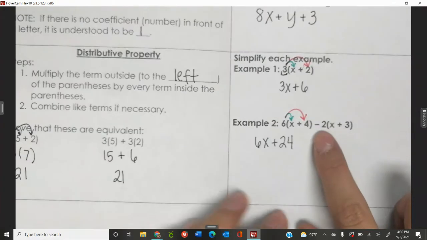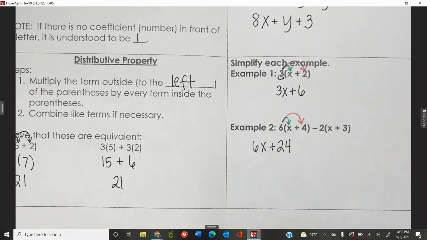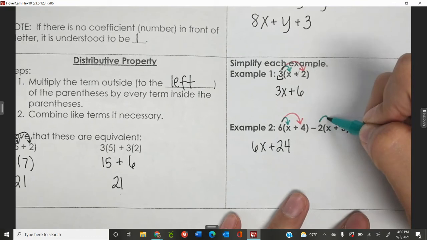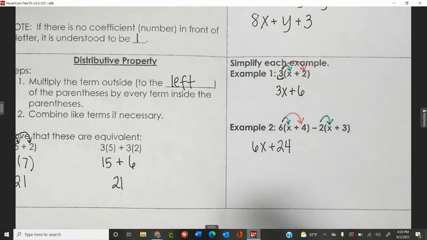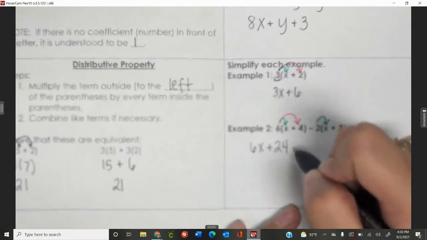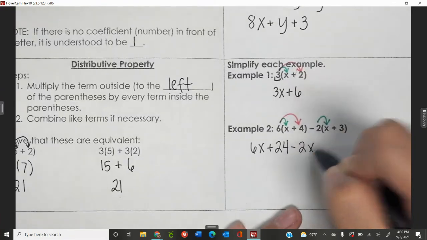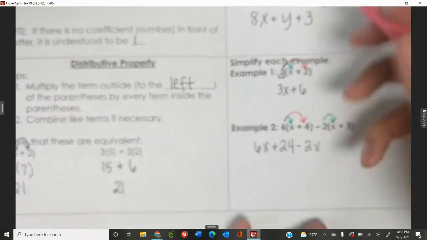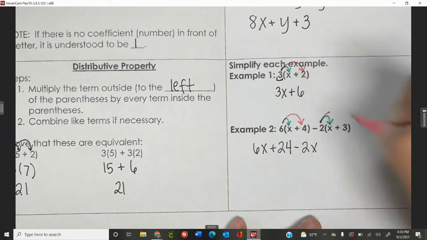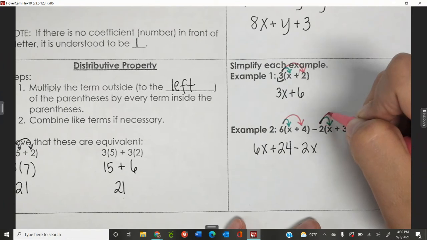Okay, next we have a negative 2. So this is where it gets a little bit more tricky. You're going to take that negative 2 and multiply it by x. Now, it would not be positive, it would be negative 2x, so minus 2x. And then you're going to take that negative 2 again, because you're multiplying everything inside the parentheses.